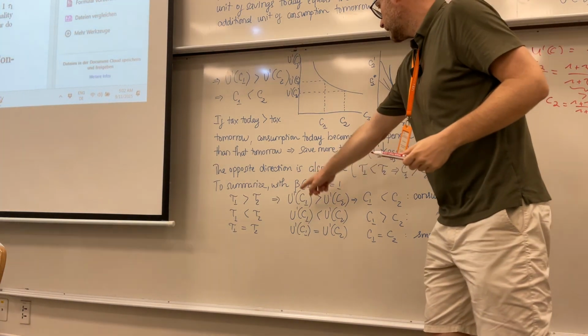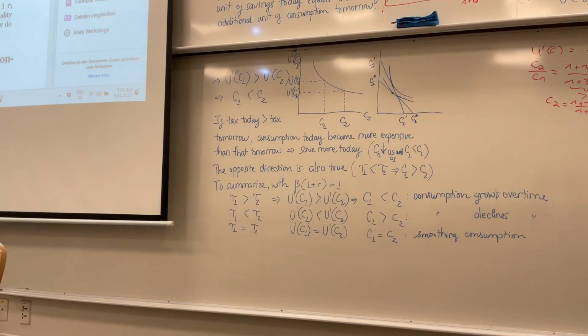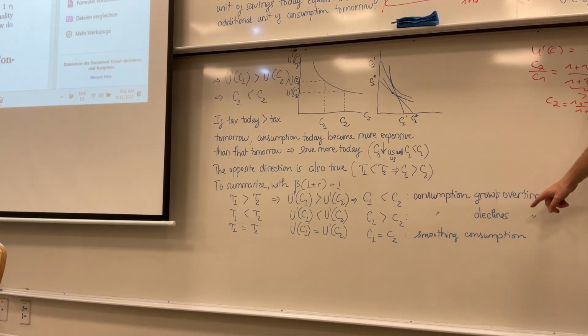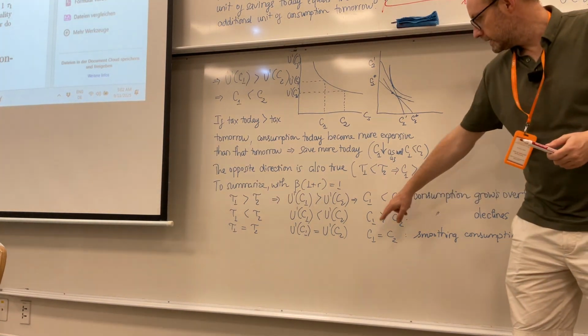And then you can extend this. You could go the other way around too. We can think of it now like a tax policy. If we want people to shift consumption into the future, or if we want people to pull consumption to the present, or if we want consumption today to be higher.